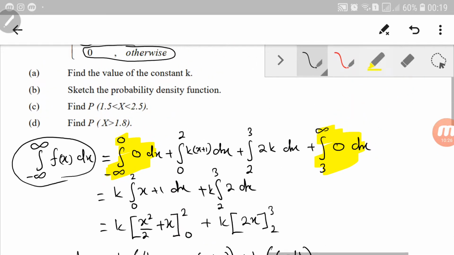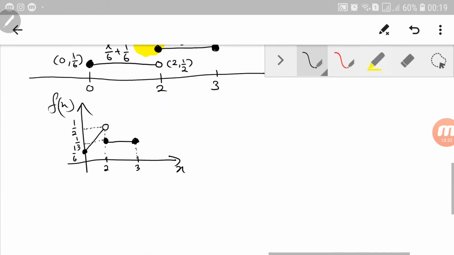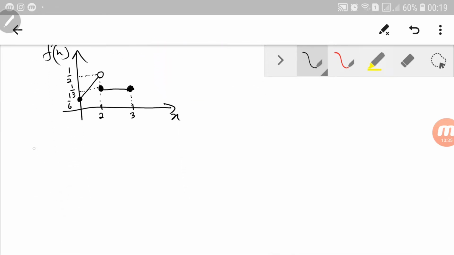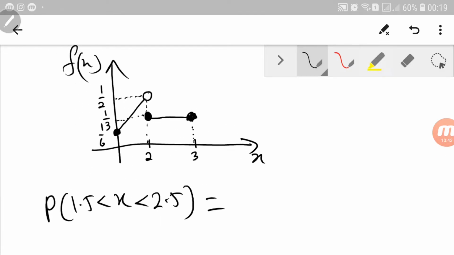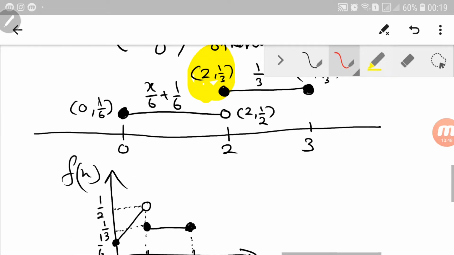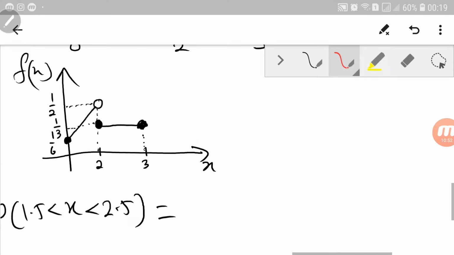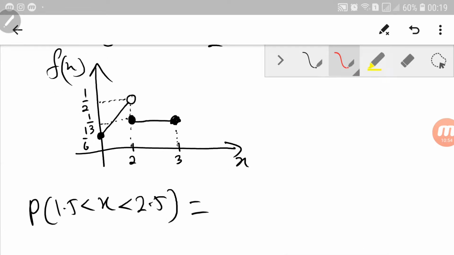Okay, next, find the probability from 1.5 to 2.5. Now, the probability of getting x greater than 1.5 and less than 2.5, we can use this sketching to guide us, or rather you can use this if you want, almost the same thing anyways. Where 1.5 is somewhere here.